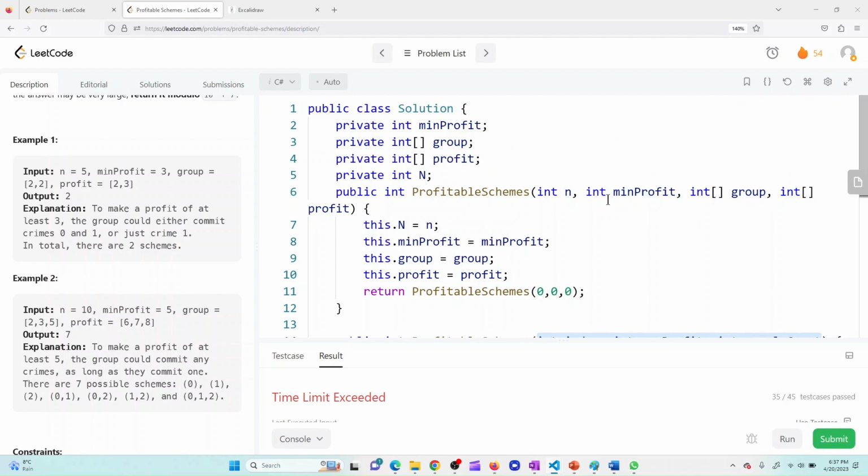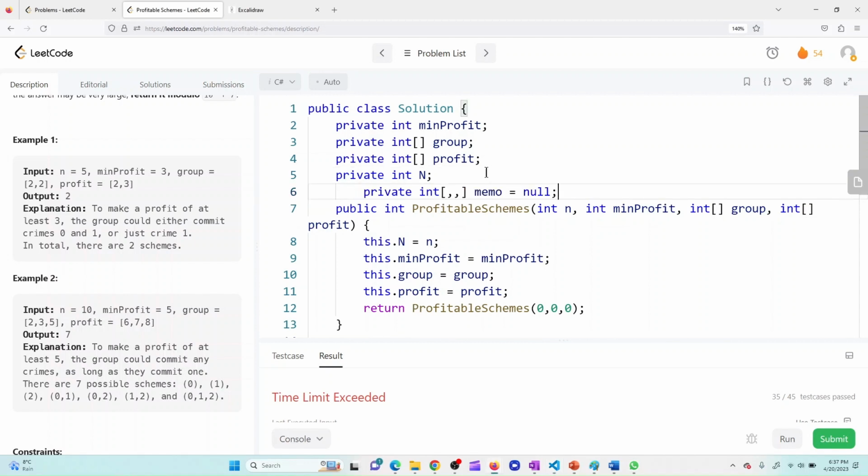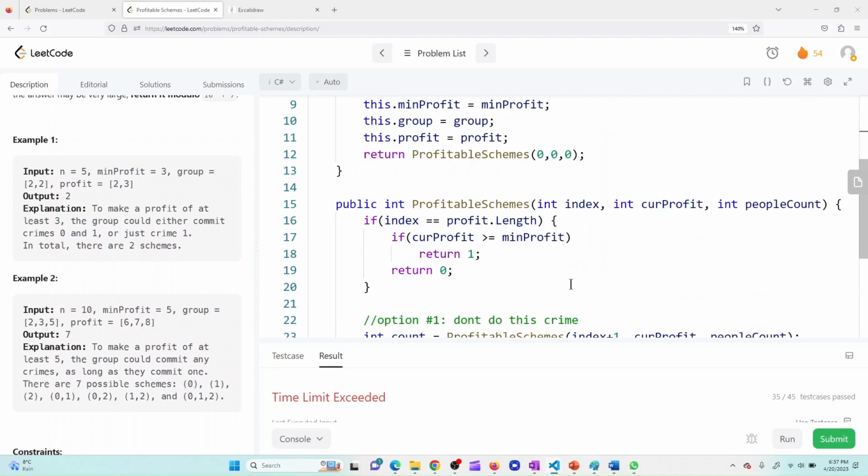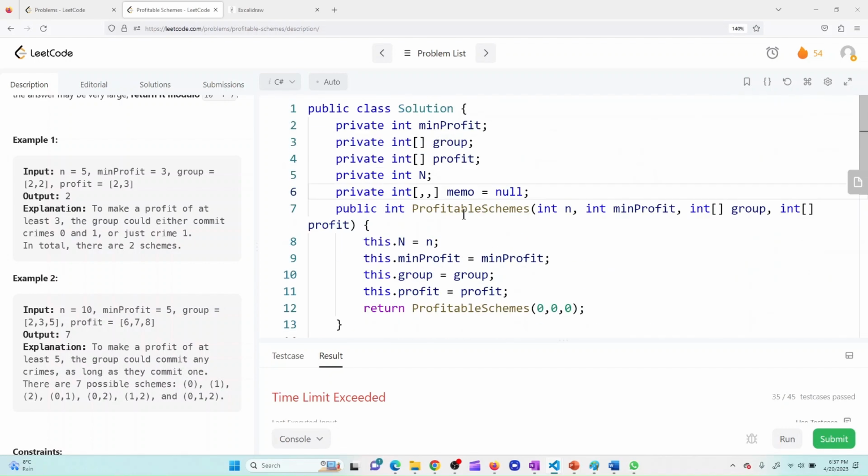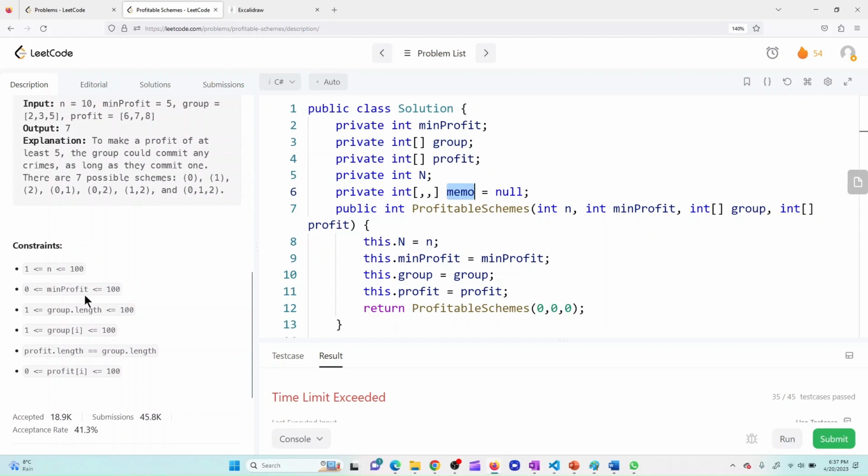So let's create a three-dimension array here, and let's initialize it with -1. One important part here is what should be the size of this memo. If you look at the problem, we have some constraints.